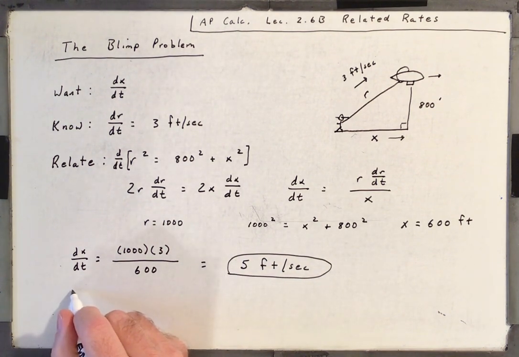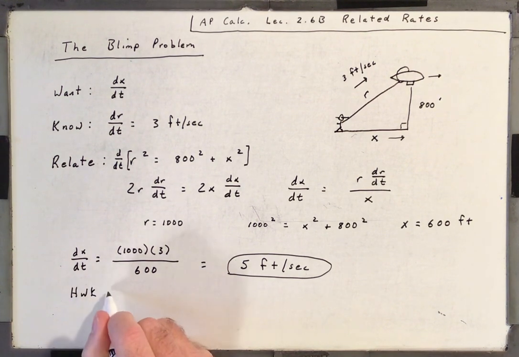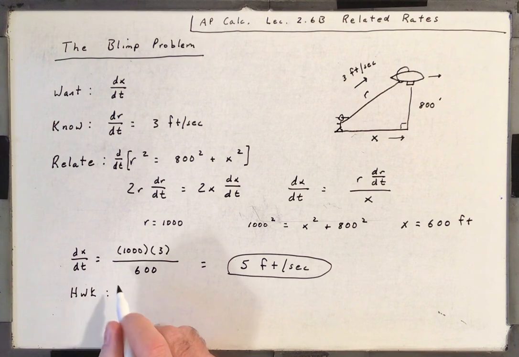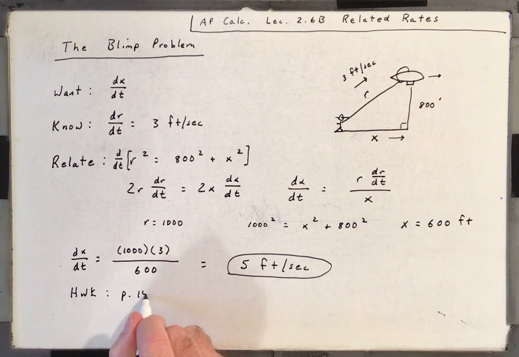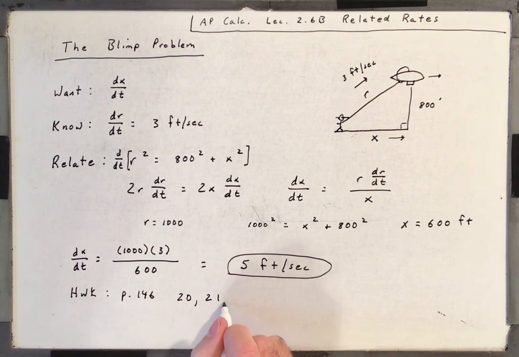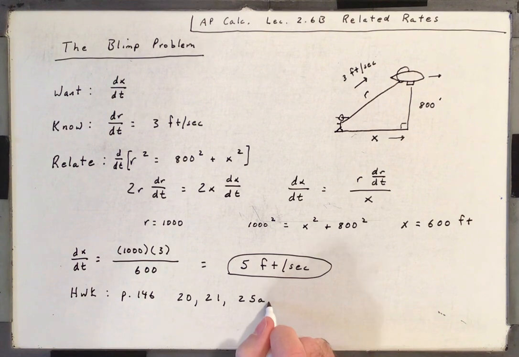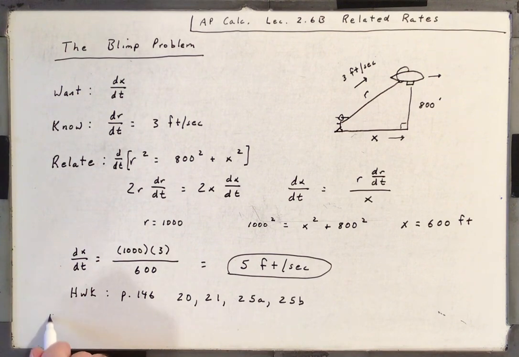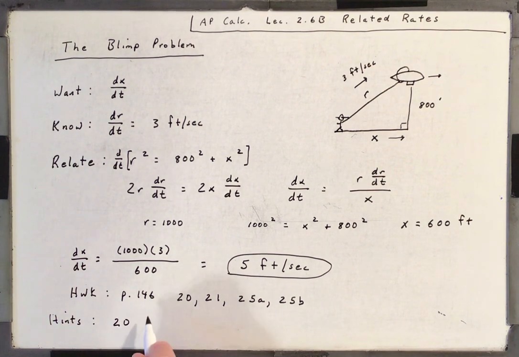Okay, the homework is page 146, 20, 21, 25A, and 25B. So I want to give you some hints on these. So for number 20, you're going to need to use the fact that h is equal to 3r and substitute 3r for h.